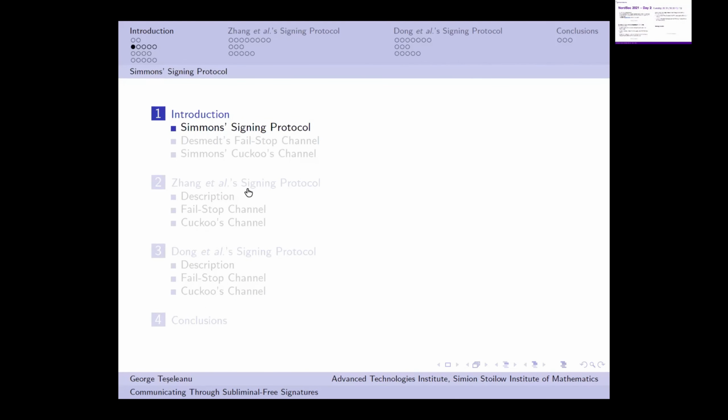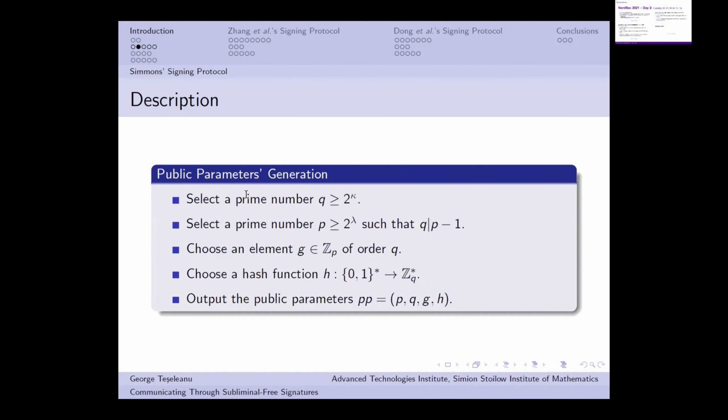Now, in order to prevent such channels, Simons himself proposed the signing protocol that is interactive between Alice and Walter. If Walter is satisfied with the outcome of the protocol, then he publishes the signature. Otherwise, he discards it. This signature is based on the DSA signature.